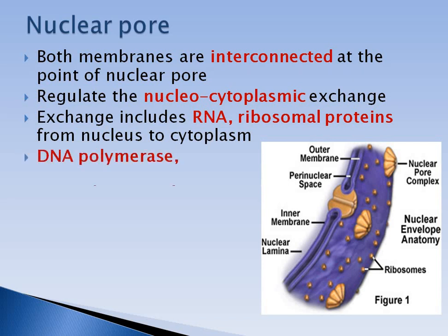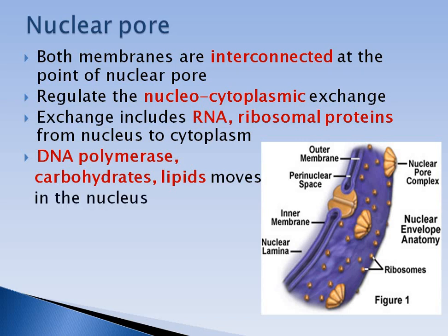And some enzymes which are synthesized in the cytoplasm, like DNA polymerase, an enzyme which helps in the duplication of DNA, move into the nucleus. Some carbohydrates and lipids also move from cytoplasm to the nucleus. Small molecules can simply diffuse from outside to the inside of the nucleus, or from inside the nucleus to the outside to the cytoplasm.